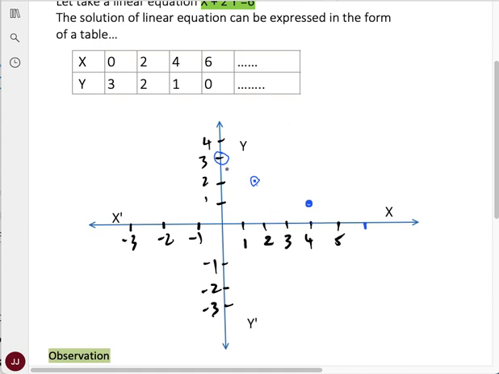When we join these points, it's going to look like a straight line. So it's going to come like this straight line. So we can clear these points and mark them again.